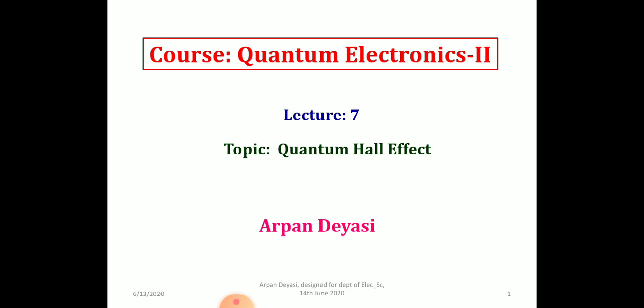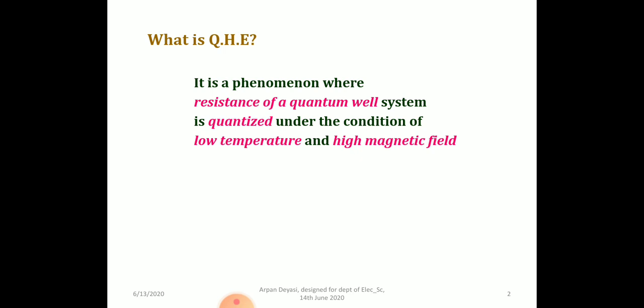Before going to more details, let me first very briefly explain what the quantum Hall effect is. The definition of the quantum Hall effect is the phenomenon where the resistance of a quantum well system becomes quantized under the condition of low temperature and high magnetic field.